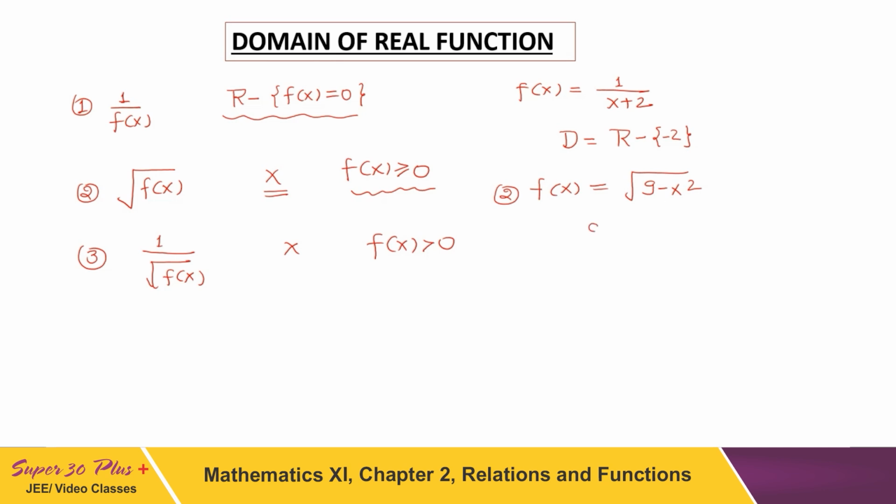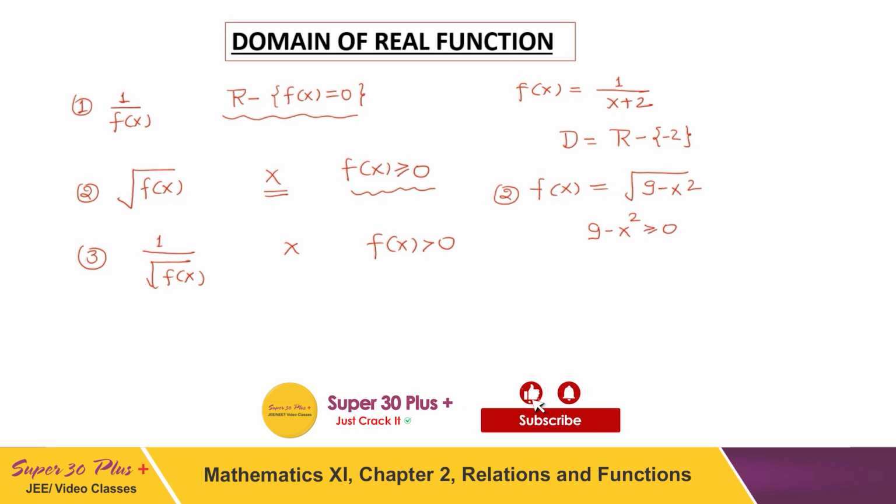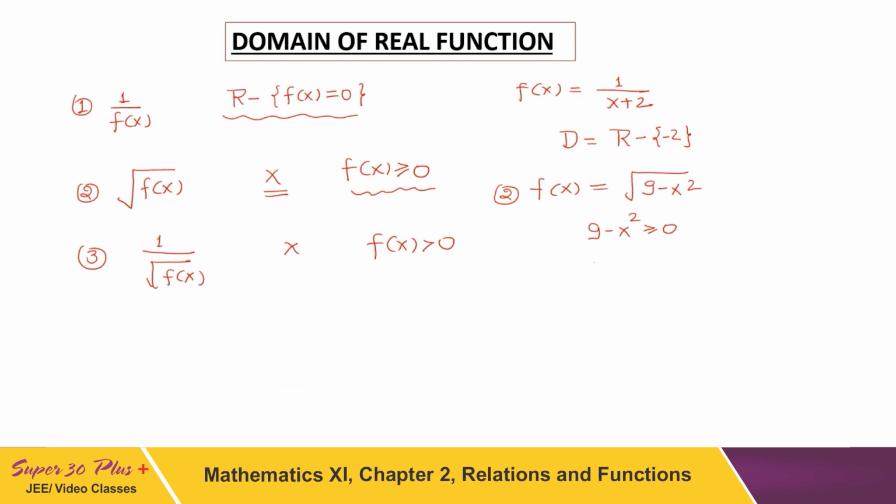The domain will be all x such that 9 minus x square should be greater than or equal to 0. Now it is an inequality, and as we know, in an inequality the coefficient of x square must be positive, so it can be simplified like this: x square minus 9 less than or equal to 0. The sign of the inequality will change. Now factorize it: (x minus 3)(x plus 3) less than or equal to 0.